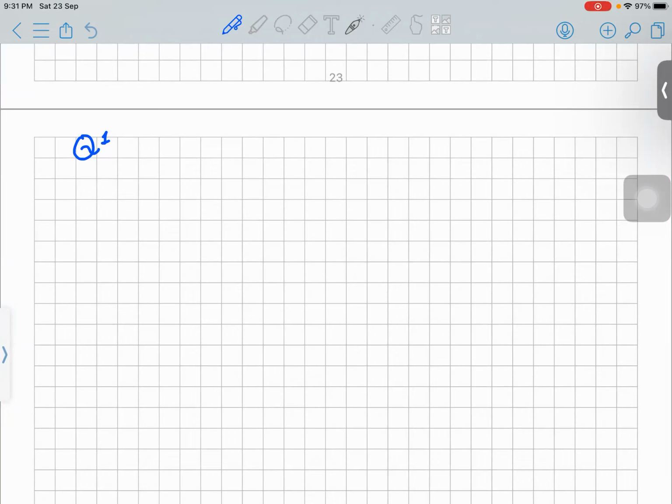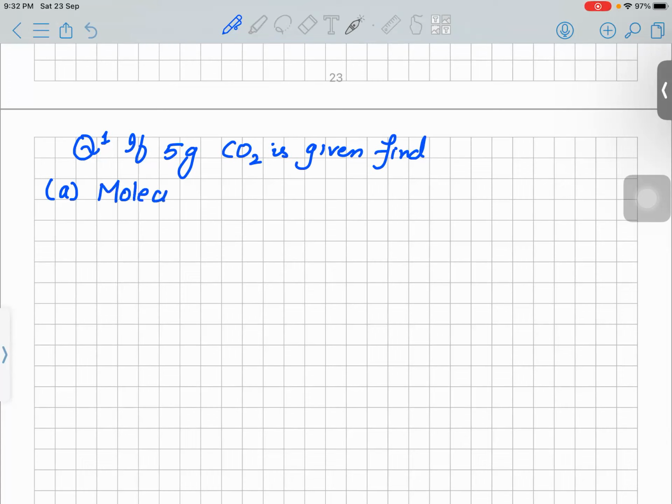Question number 1. Find moles. A part. If 5 gram carbon dioxide is given, find the molecular mass of carbon dioxide.